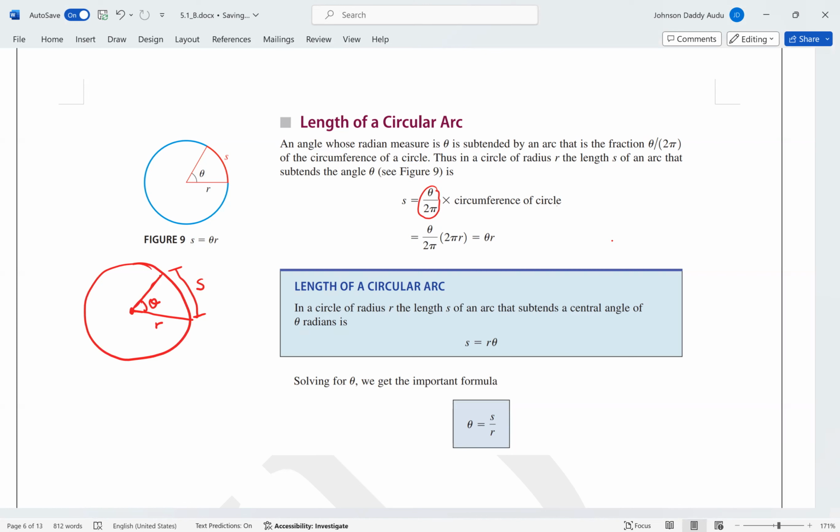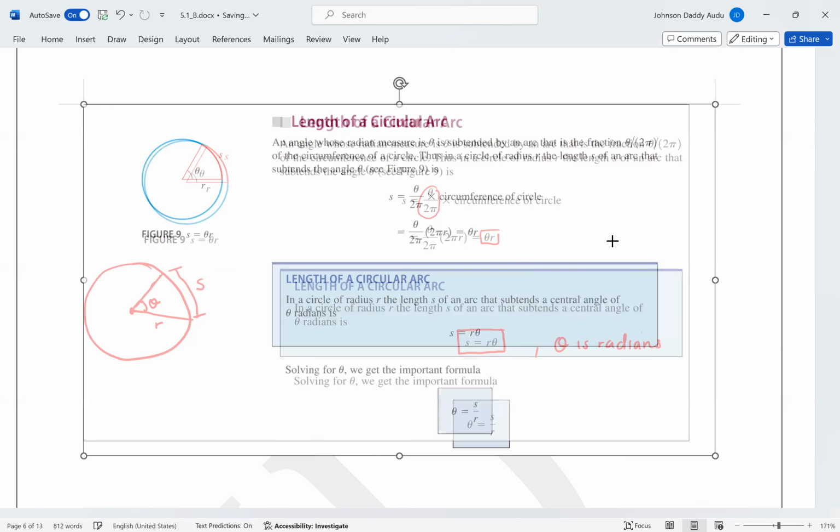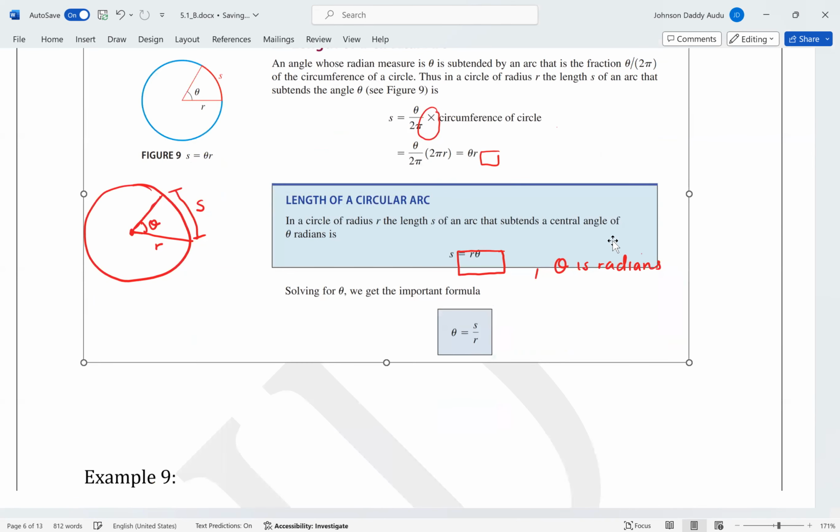And you can see 2 pi will cancel with 2 pi, so you just have r theta. In other words, if you want to find the length of an arc, you just use S equals r theta. But what to note is that theta has to be in radians before we use this formula. So if your theta is in degrees, you can just convert it to radians.